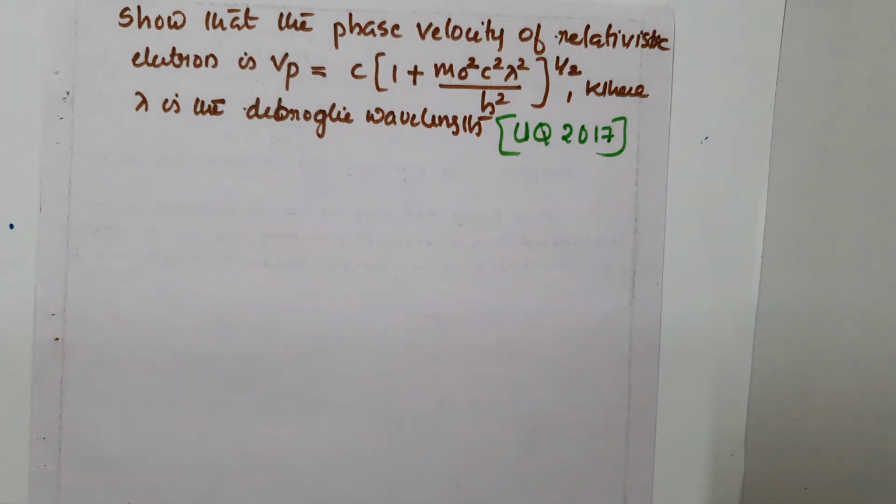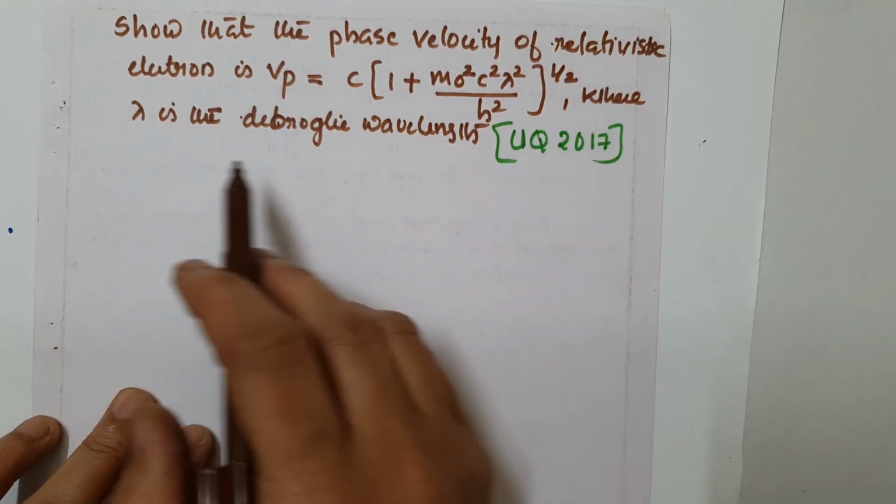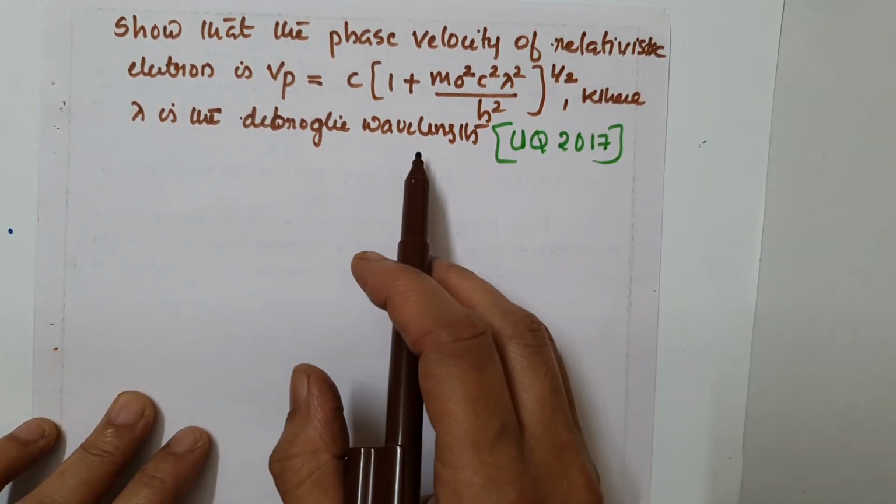And the next problem is: show that the phase velocity of a relativistic electron is Vp equal to c into (1 plus m0² c² λ² by h²) the whole raised to 1 by 2, where lambda is the de Broglie wavelength.